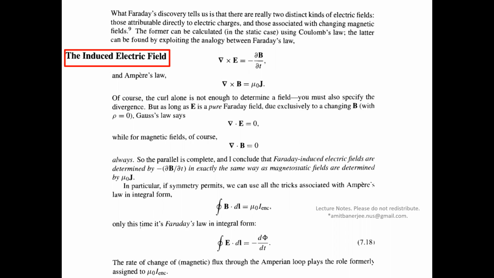Now, Faraday's law can also be put into integral form, as I mentioned. The rate of change of magnetic flux through the Amperean loop plays the role formerly assigned to mu 0 I enclosed.